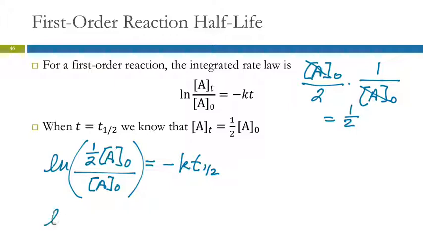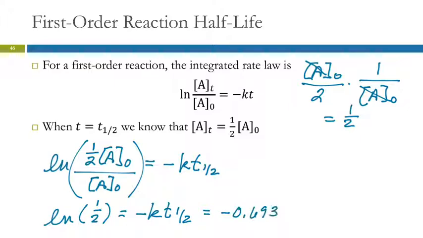So the natural log of 1/2 is equal to negative k T1/2. Well, we can calculate that. The natural log of 1/2 is negative 0.693. So this is equal to negative 0.693. There are other digits, but the next one is a 1, and so we usually just ignore the rest of them.